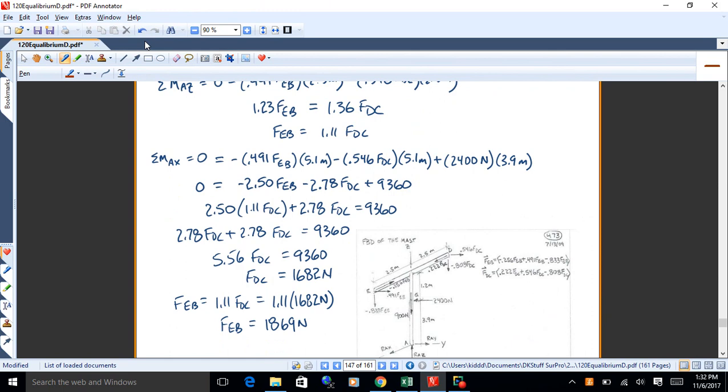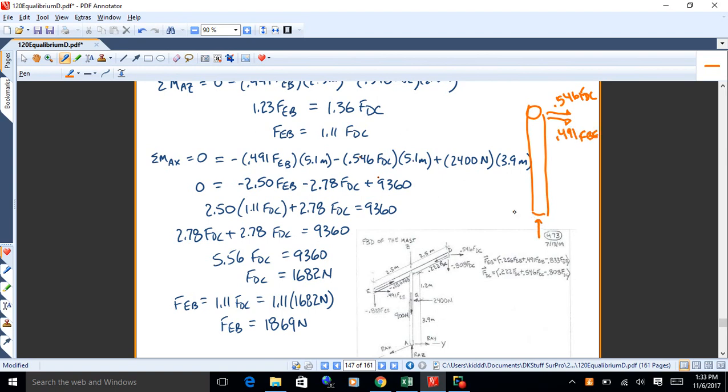So what we're going to see when we do that is, I'm just trying to think where I could put this. We got that mass coming down like so. And then we've got two forces pushing it out like that. We've got the 0.546 FDC and the 0.491 FBE.